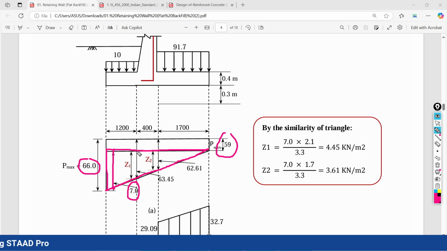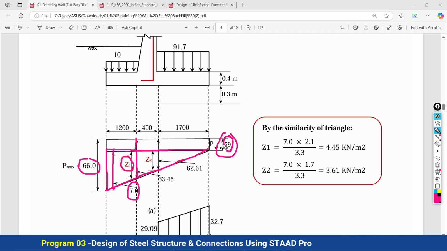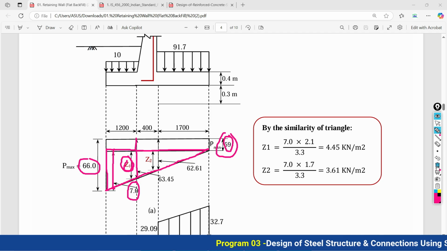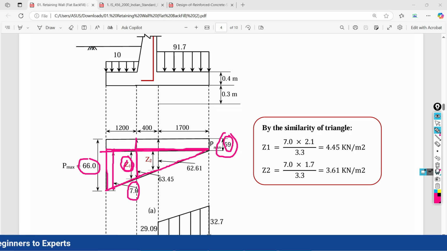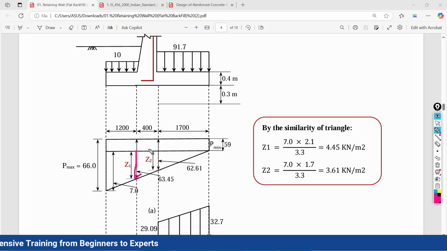Next we need to know this first height Z1, because this height we know as 59 very well. So how can you calculate this Z1? You have to consider the total triangle and this smaller triangle. Firstly, I am going to call this the small triangle.